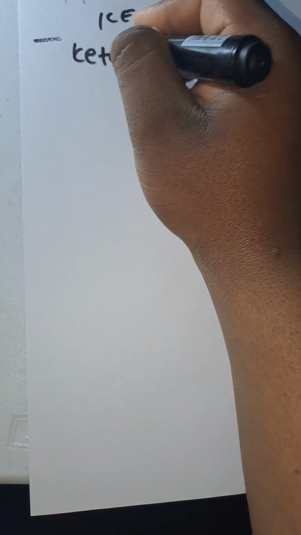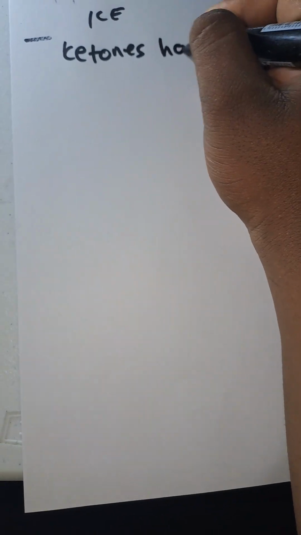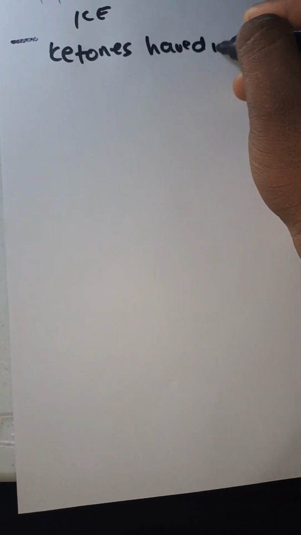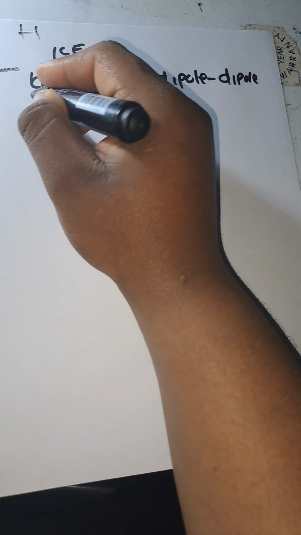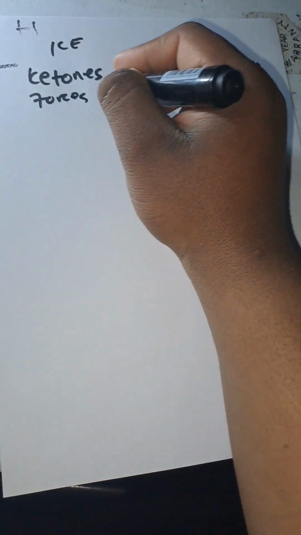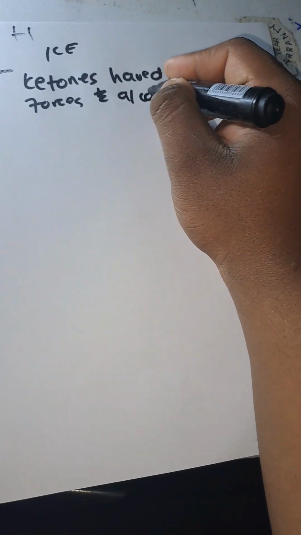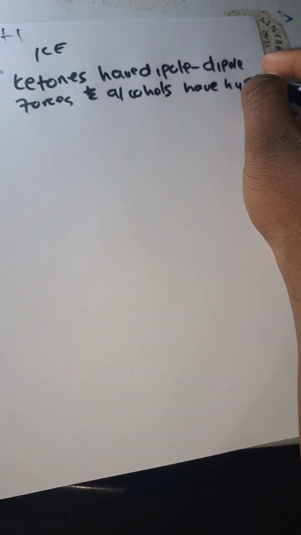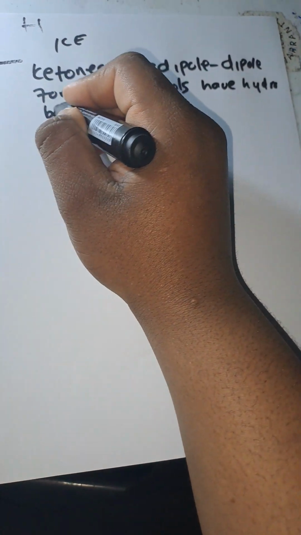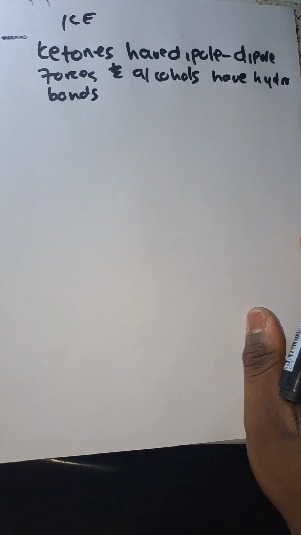So ketones have dipole-dipole forces, and alcohols have hydrogen bonds. Is it fine?